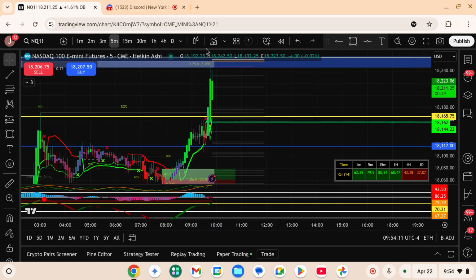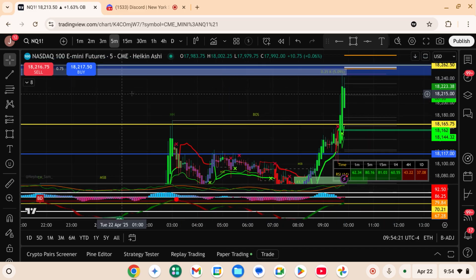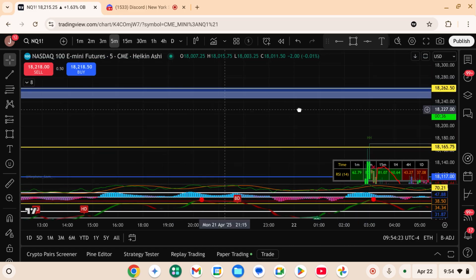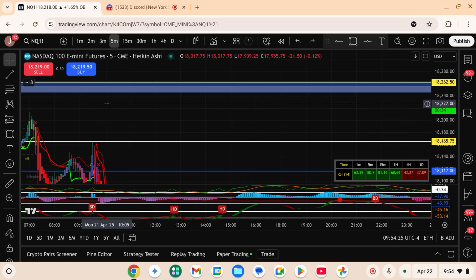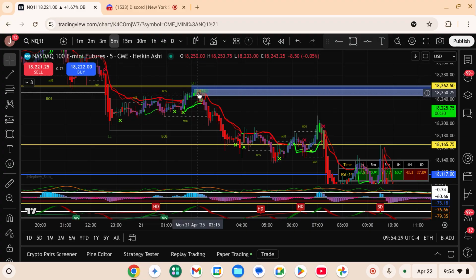Like this order block that I just tapped into, I think it was made a week ago maybe. Let me see. Right here was the start of it. Oh, this one was actually made on Monday.